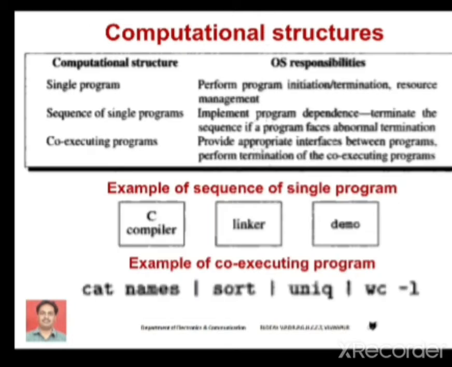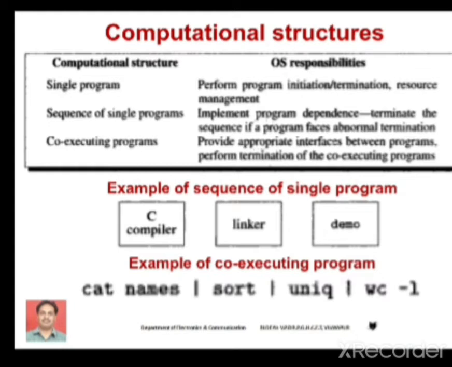Okay, the next topic, students, is computational structures. In an operating system, the ultimate goal is to execute the programs, or to execute the computations. However, the programs which are to be executed can be thought of as three different computational structures. The first one we call a single program. The second one is a sequence of single programs. And the third one is called co-executing programs.